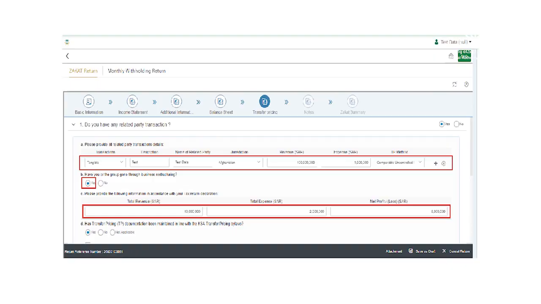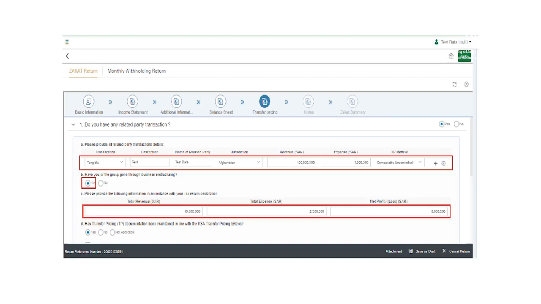So if you selected yes, then the drop-down list will expand, where you have to provide information about the related person transactions you have. Of course, this step comes after you have identified who your related persons are based on the ownership, as we discussed, and based on the effective control as well.